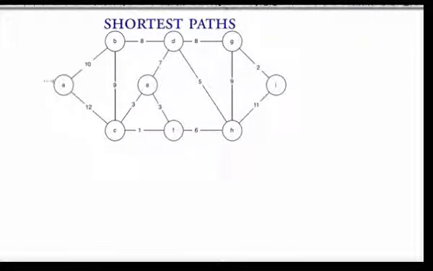So we have some designated root A, and we'd like to find the single source shortest paths, i.e., from source A, we'd like to find shortest paths to all of the other nodes in the graph.